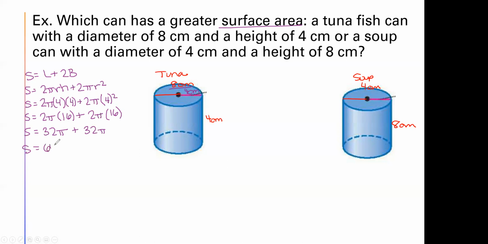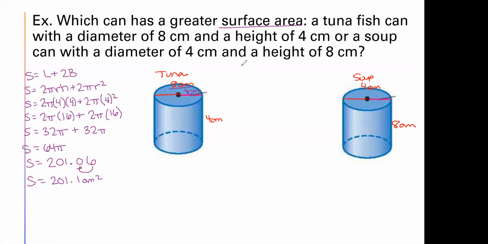So I add those together, and that's 64 pi. I type that in a calculator, and I end up with 201.06. So I'm going to round that to the nearest tenth, and that's 201.1 centimeters squared. Okay, now that's for the tuna can.